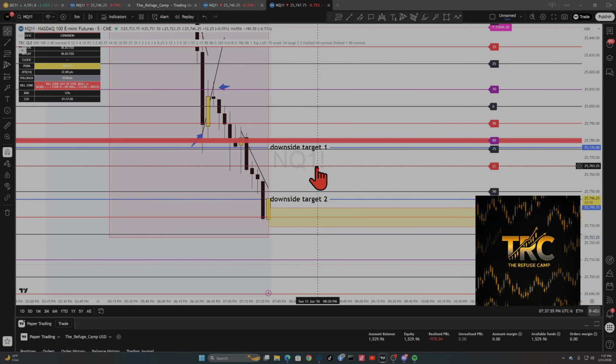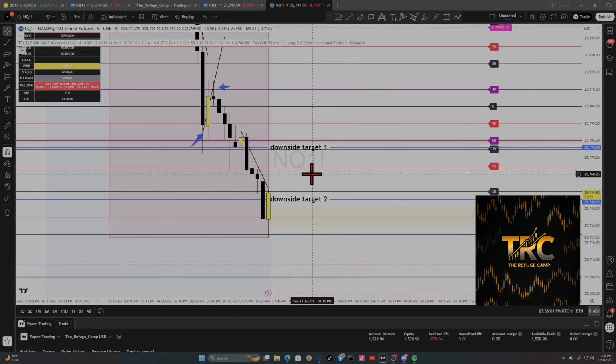If we get a rejection at one of these levels, we know it's a good opportunity to enter short. So we use the red levels to manage a trade we're already in or look for high probability rejections.